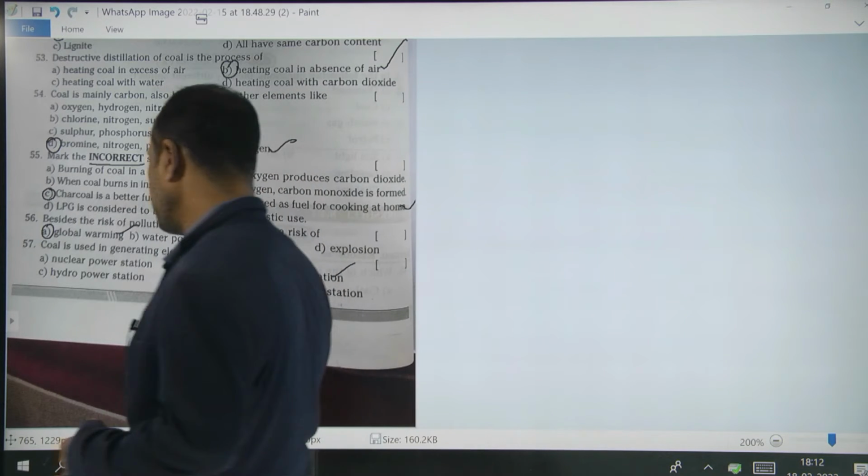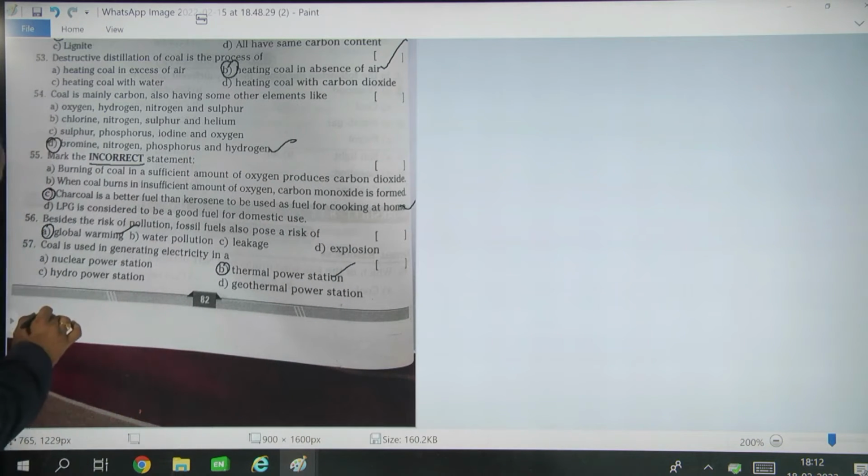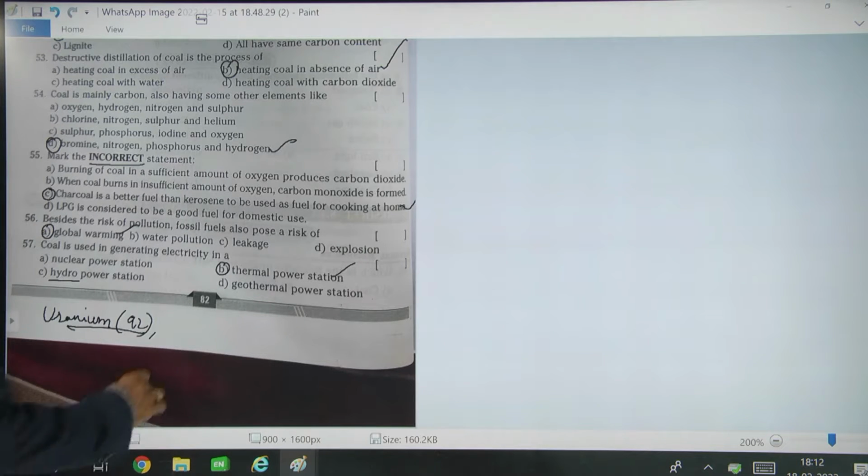They use uranium, whose atomic number is 92. If you see the periodic table, you can find it with atomic number 92. And in a hydro power station, what do we use? We use water.